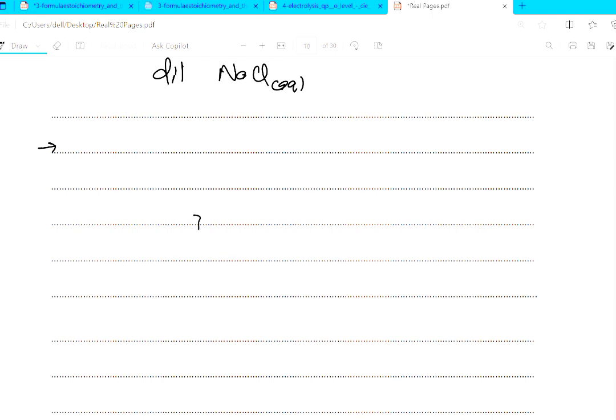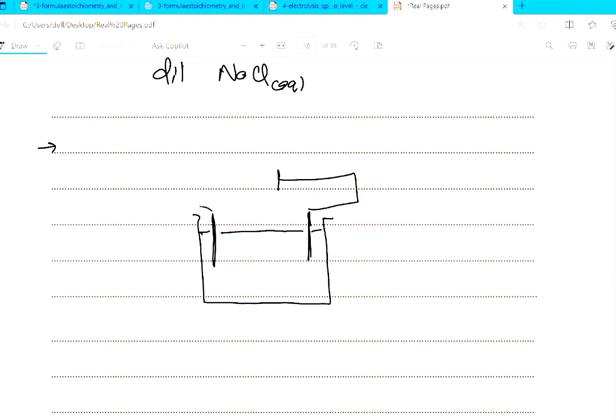I'm writing here, trying to draw the electrolytic cell, and here are the electrodes. One is called cathode and one is called anode. Plus charge, so this is the anode and this is the cathode.